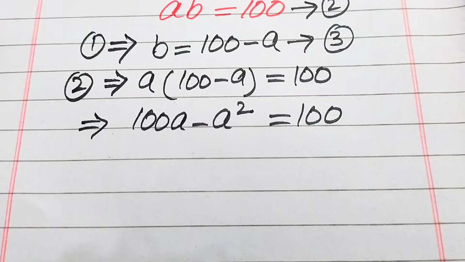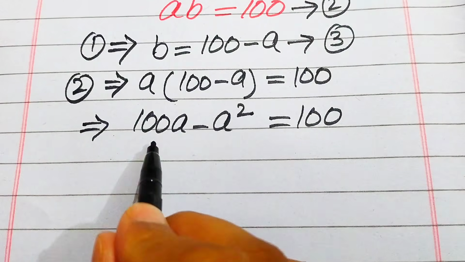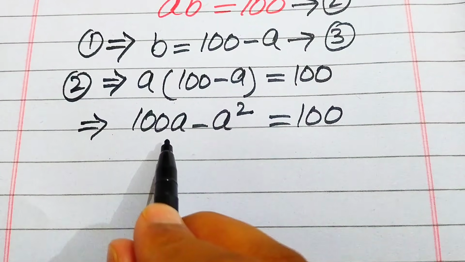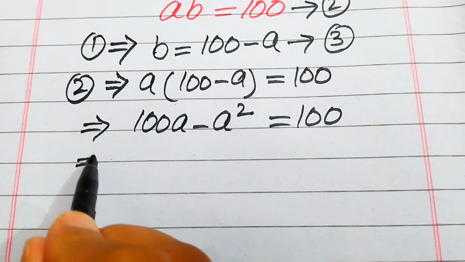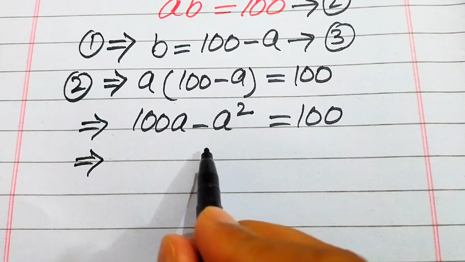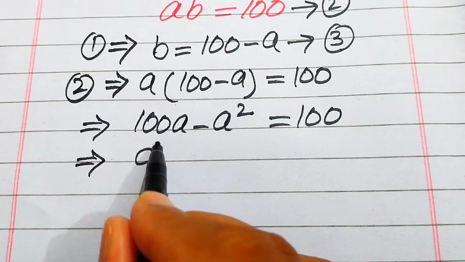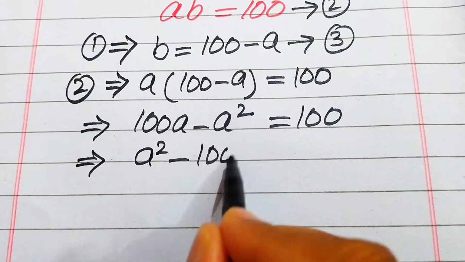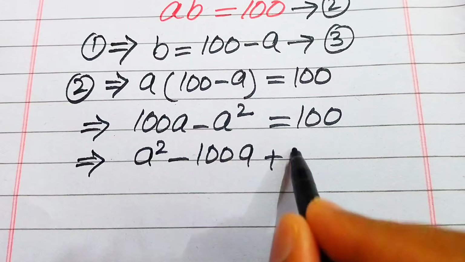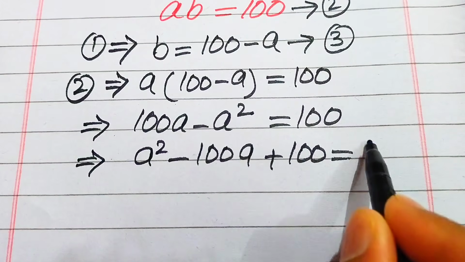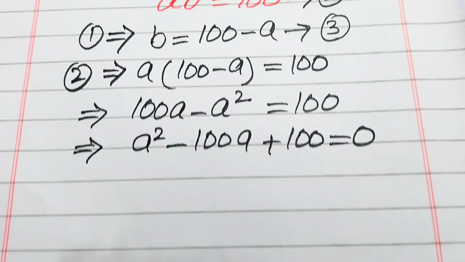But this is not in the standard form, so now we write this equation in the standard form. For this we move all the terms from the left hand side to the right hand side. The 100a is a positive term; when we move it to the right hand side it becomes negative, and this minus a square becomes positive. So we write it as a square minus 100a plus 100, and this whole equation equals 0.